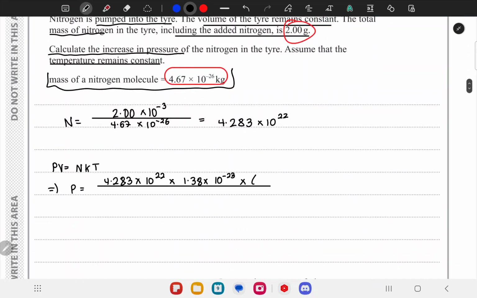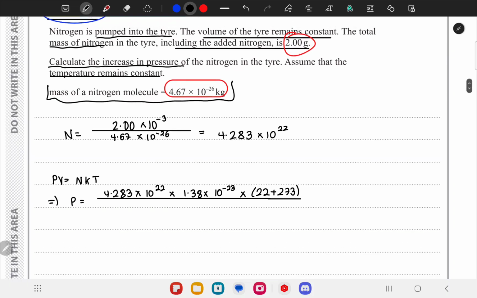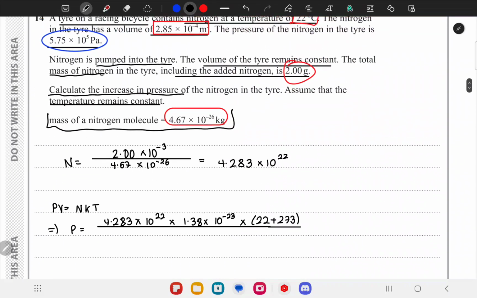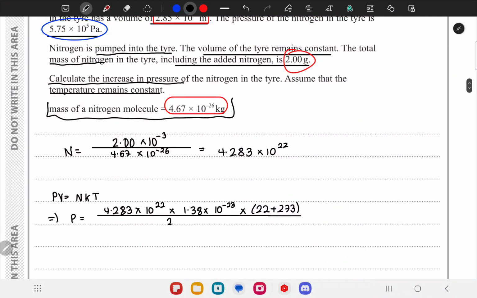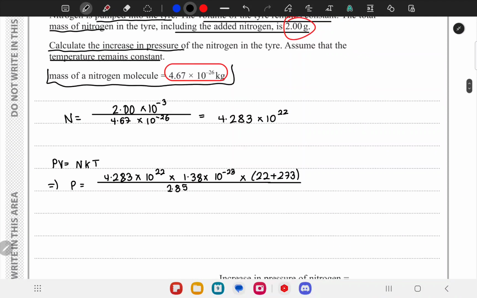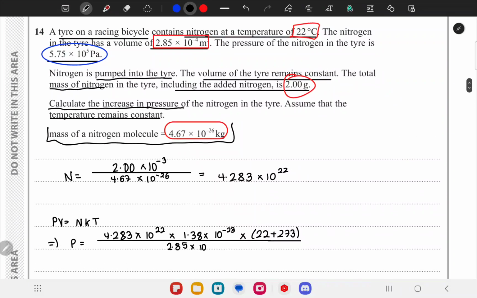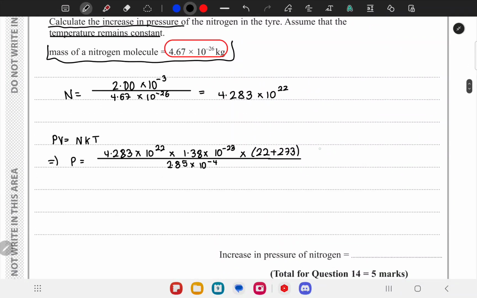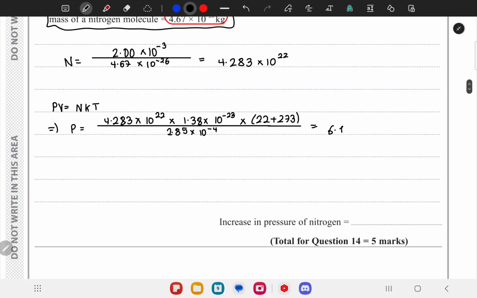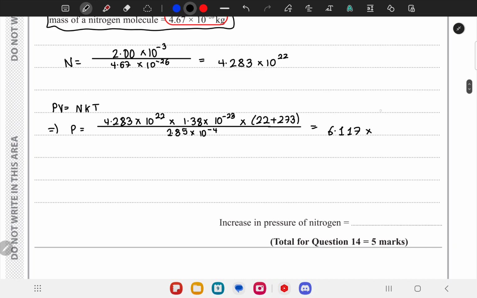The temperature remains constant, so it's 22 degrees Celsius or 22 plus 273 Kelvin, and we'll divide it by the volume. The volume is also constant at 2.85 into 10 to the power minus 4 meter cube. So the final pressure is 6.117 into 10 to the power 5 pascals.